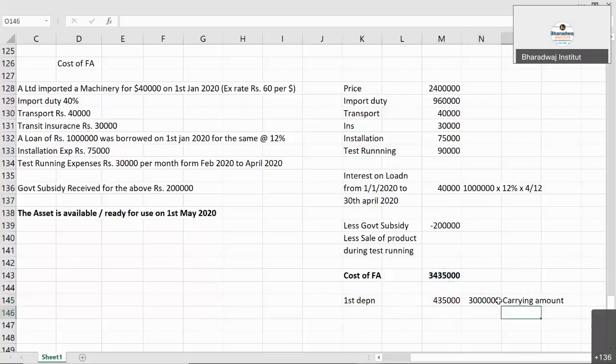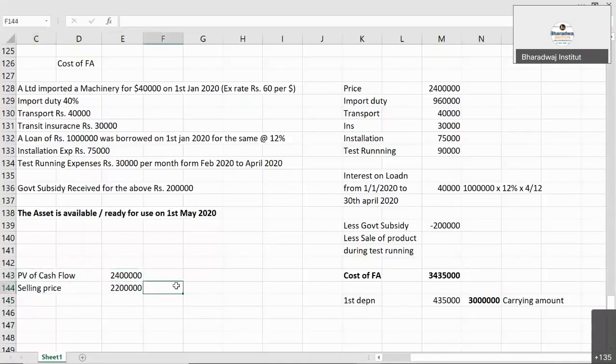Impairment loss happens when there's a problem in cash flow. We work out present value of cash flow. At the end of the first year, it comes to 24 lakhs. If I sell the asset, it will go only for 22 lakhs. I will not sell the asset. If I use the asset, it will be 24 lakhs.